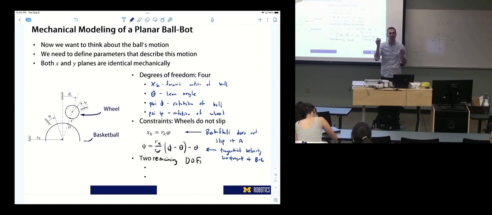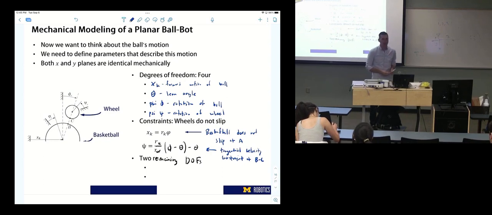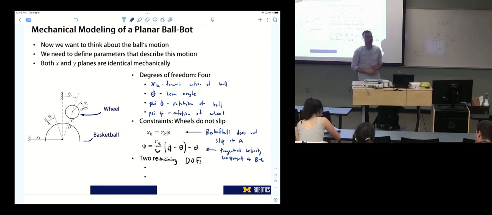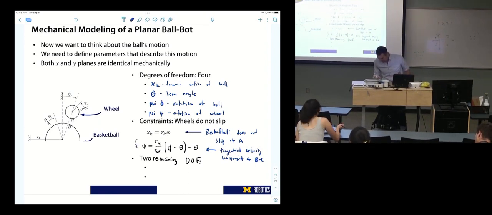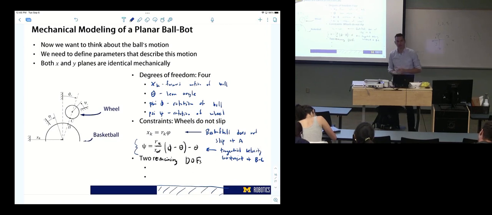We have a tangential velocity constraint, which says that at this point, B and C, it does have to have the same speed. That's a little more complicated because there's a contact point at B and C is rotating with theta. So that description is a little bit more complicated, which is why it maybe doesn't look as intuitive as the x of k constraint. So now we have 2 remaining degrees of freedom. We have 4 degrees of freedom, 2 constraints, we have 2 remaining degrees of freedom.